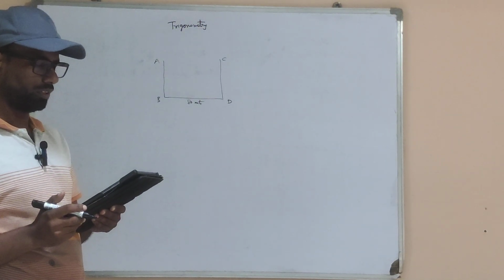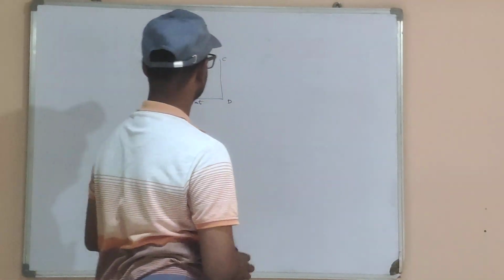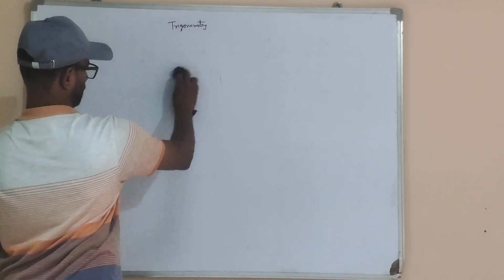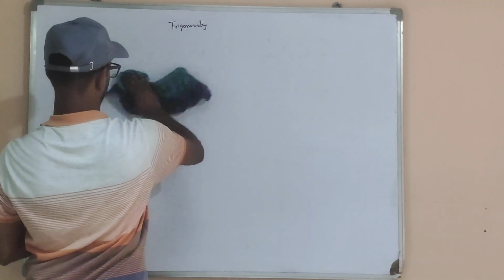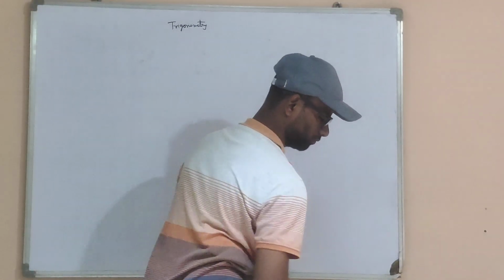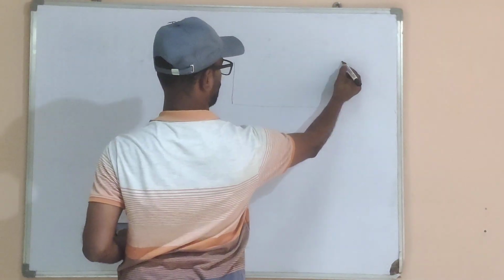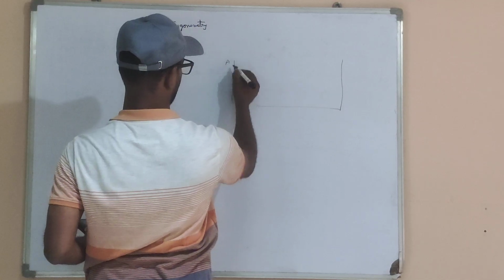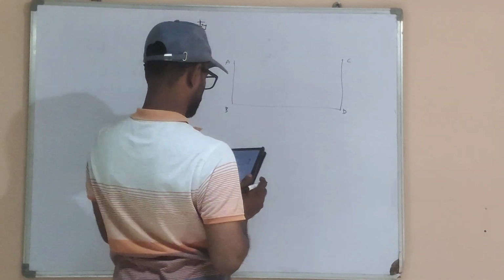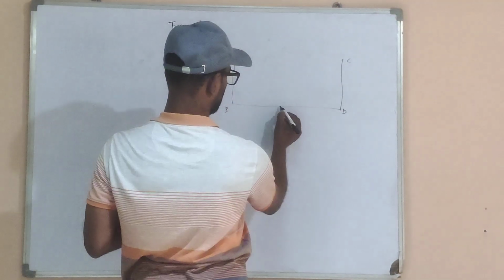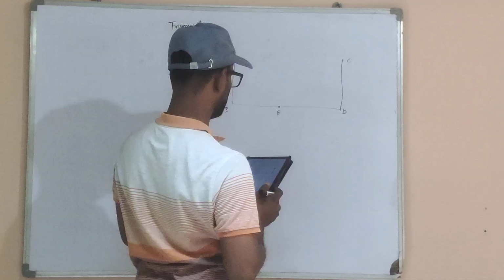From a point between them on the road, this is the point E on the road, the angle of elevation of the top of the poles are 60 degrees and 30 degrees respectively.